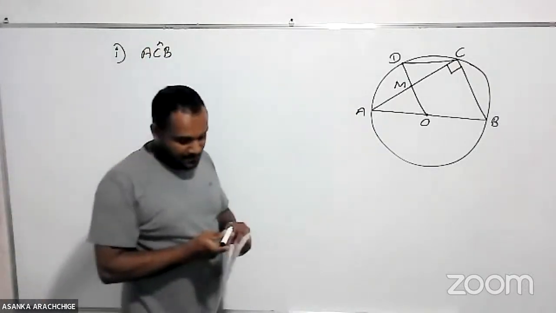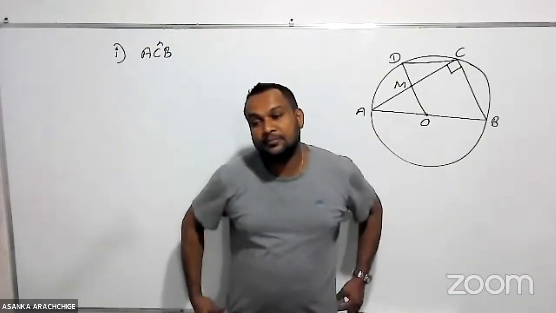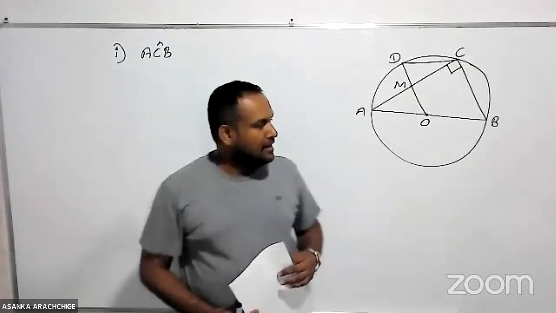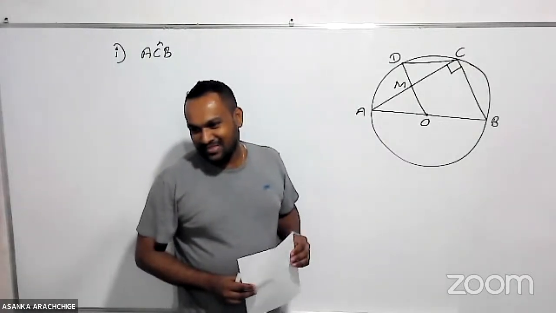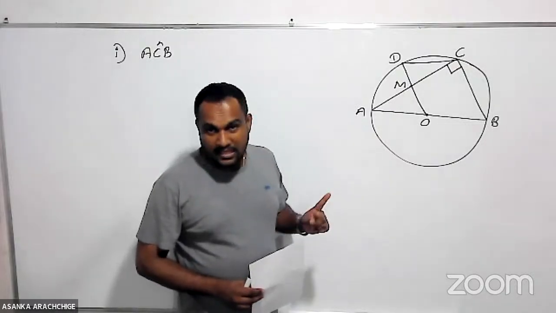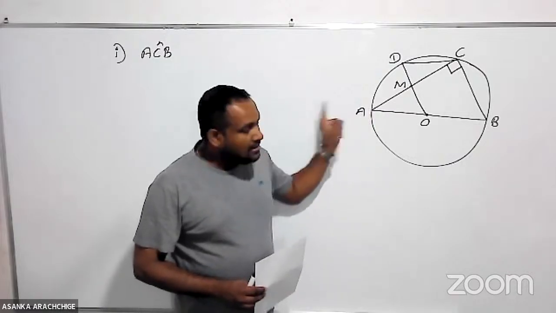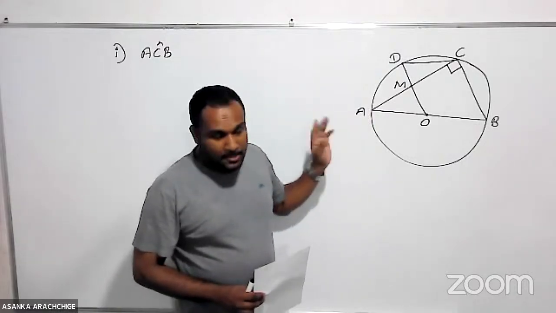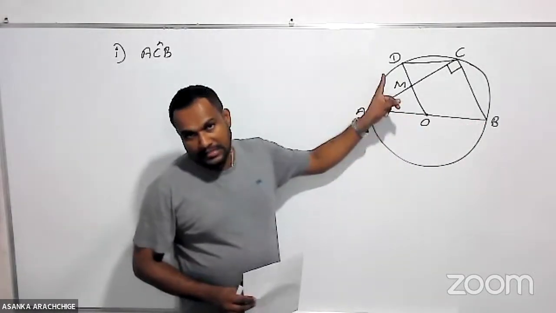And the reason for that? Angle in a semicircle is a right angle. In the grade 10 syllabus you have learned in the lesson of angles in a circle, the angles subtended by the endpoints of a diameter on the circle.